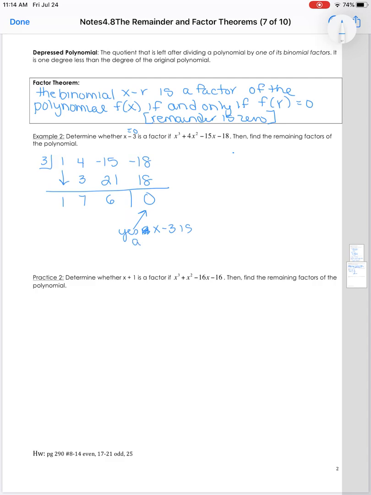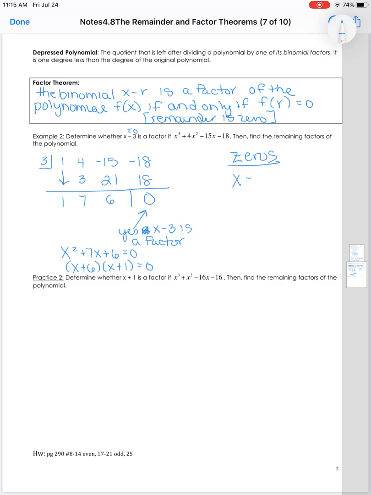So 3 goes in the box. Our coefficients, nothing's missing: 1, 4, -15, and -18. 1 comes down. Multiply, add, multiply, add, multiply, and we get a 0 remainder. So that 0 shows yes, x minus 3 is a factor.